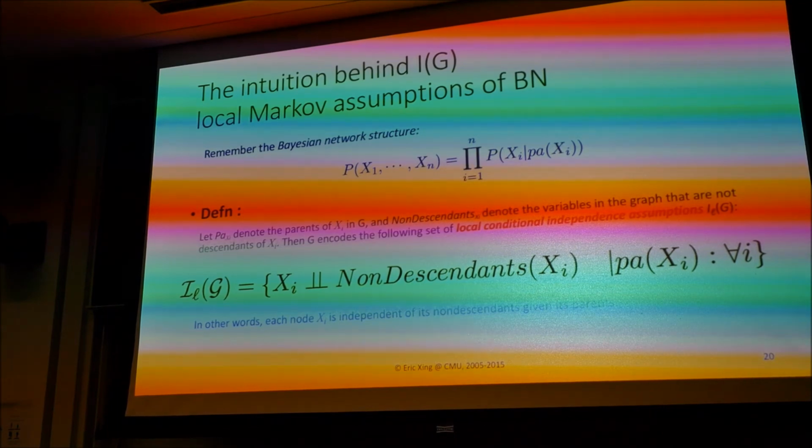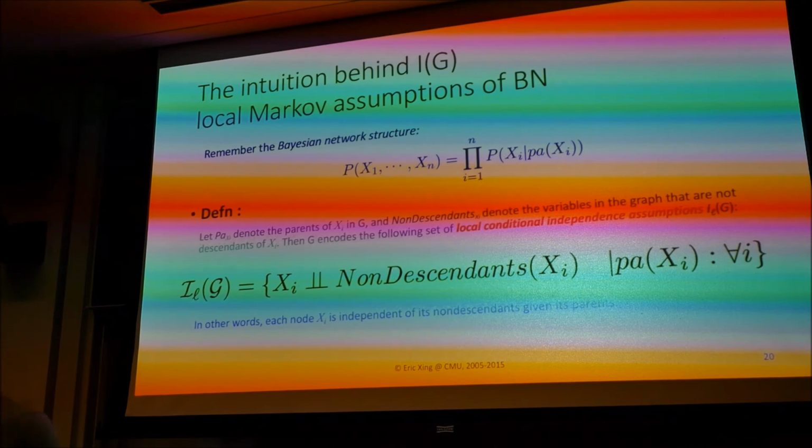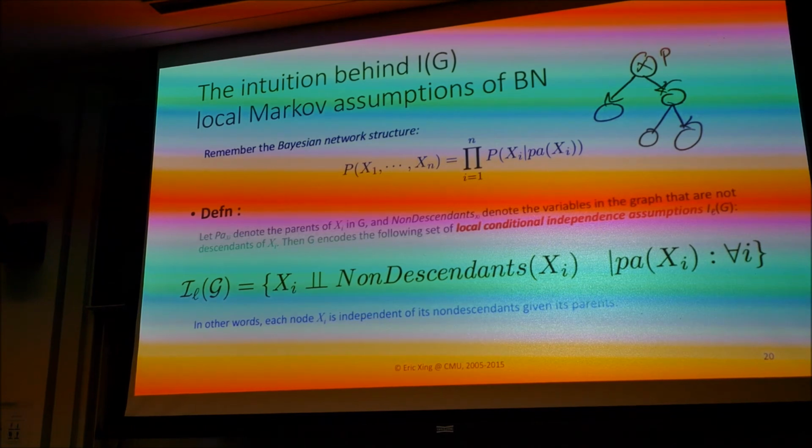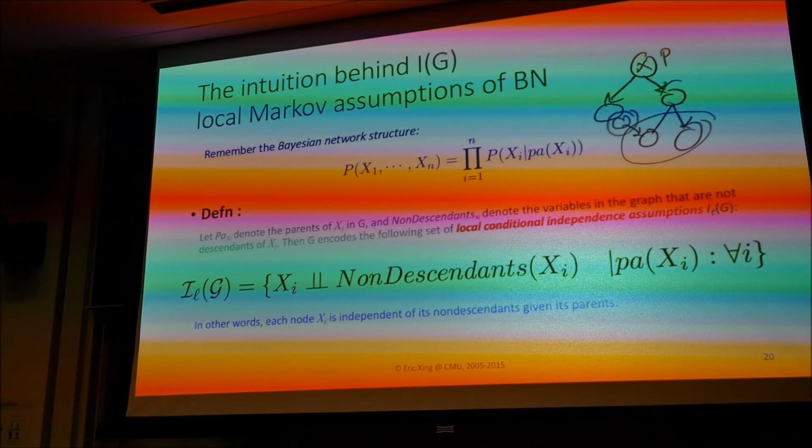The one intuitive way of saying that is to define it as a local independence. So if I have a graph structure, set of non-descendants, so for example, let's say for this guy, this is a parent, and this is a descendant. So if you have something here, this is a non-descendant, right? This is the co-parent of this child.